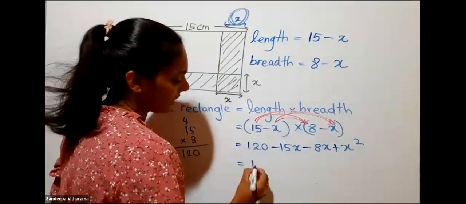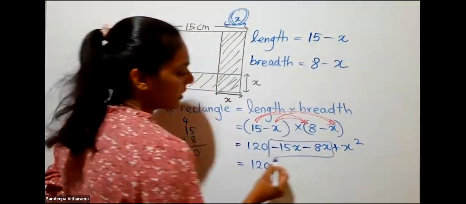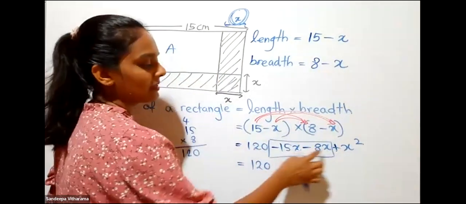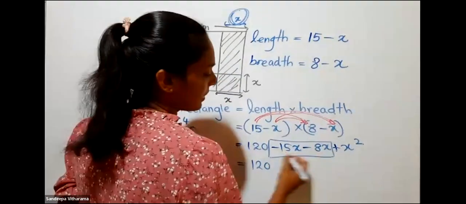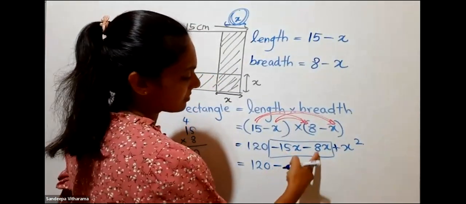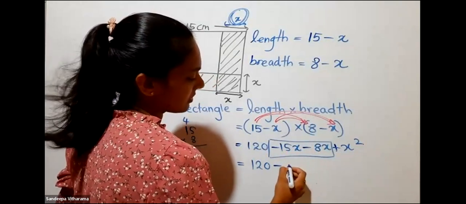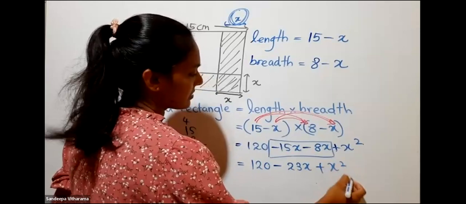Then 120. Here we have to add, because these are the same sign numbers. Then you have to add these two. Then the answer is 120 minus 23x plus x square.